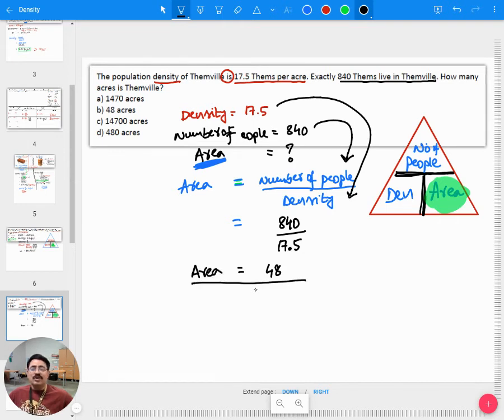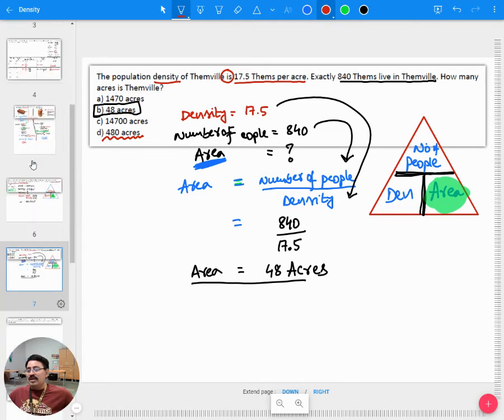You have to read the question. The question says how many acres? Therefore, 48 acres of land is the area. I see that 48 is here. You see the rest of the options, especially 480, which is pretty close. You have to be very careful while choosing the answers.